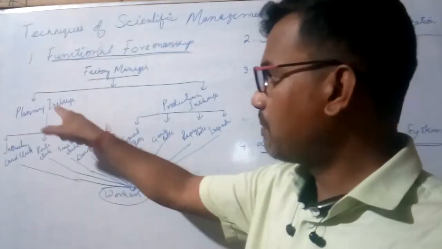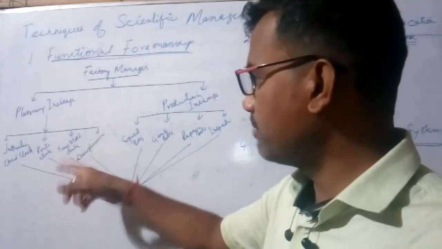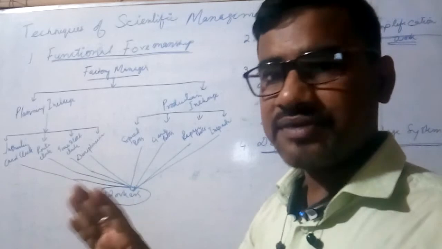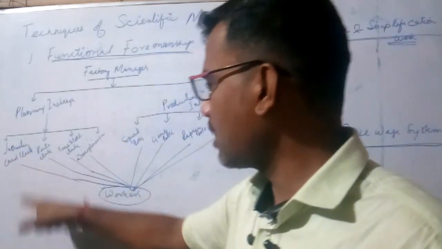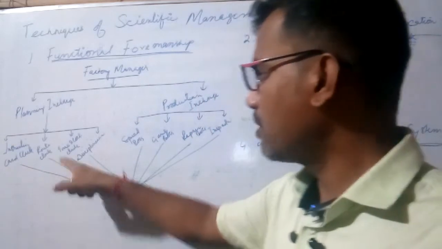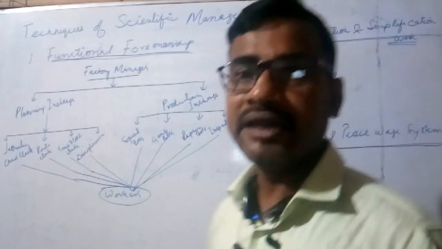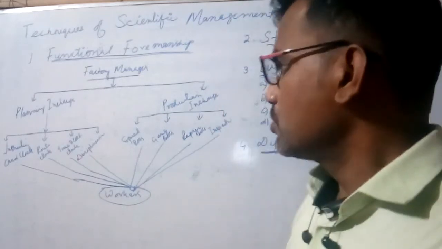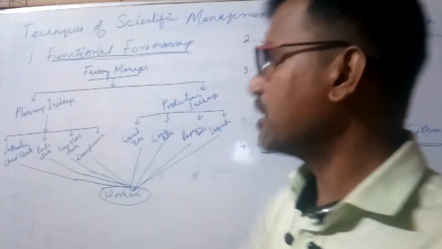The planning in charge will again be subordinated by four types of clerks: number one is the instruction card clerk, number two is the route clerk, number three is the time and cost clerk, and number four is the disciplinarian.